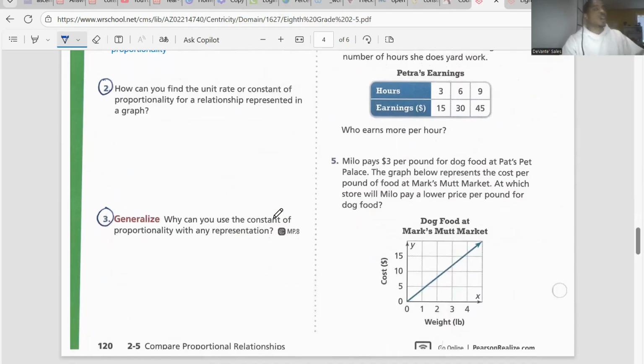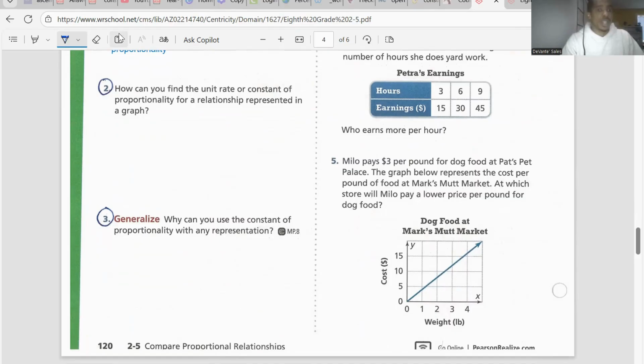It says, how can you find the unit rate or constant of proportionality? I'm gonna be saying those two words a lot because I want y'all to remember that is the same thing. Your constant of proportionality and your unit rate is the same thing.